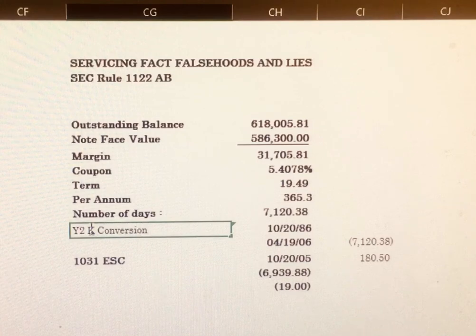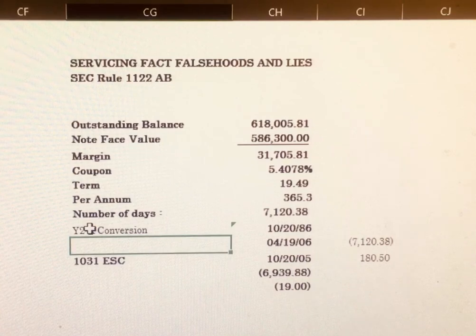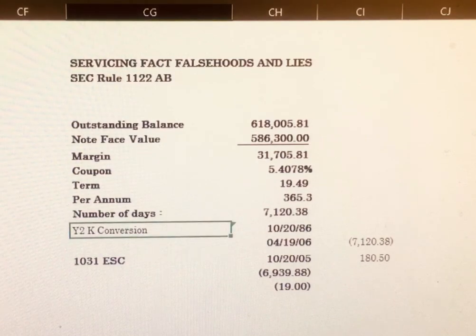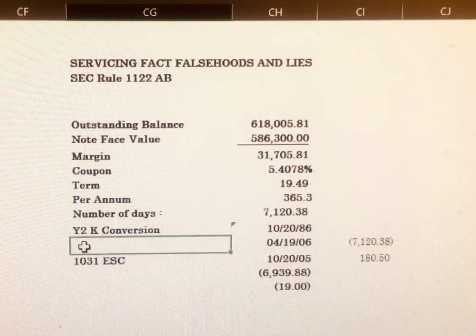When you do that, we find out that there's a scheme, if it can be argued, a scheme that backdates the original loan's closing to 10/20/86. In this case, it takes us all the way out to 4/19/06, which, by the way, I was just reminded, I believe was the date the loan was sold to the investor.